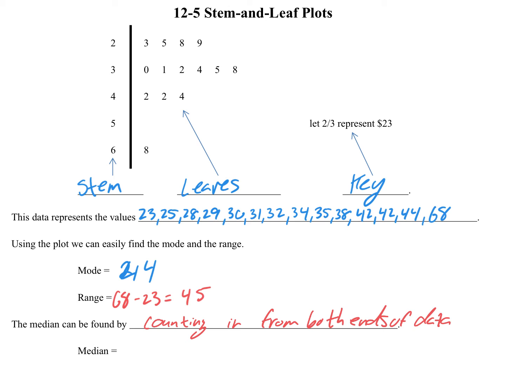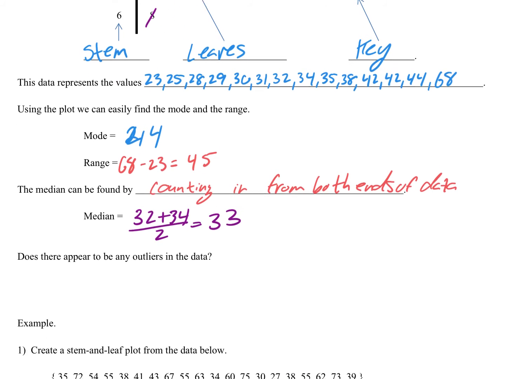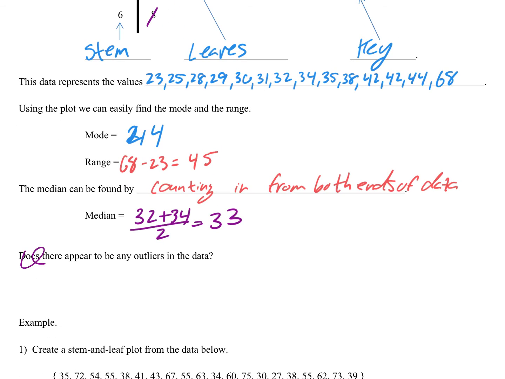Instead of going left to right, we're going to go bottom to top, and we're going to cross off just like we did before. And we find two numbers in the middle, 32 and 34. So we need to take the average of them to get our median, which is going to be 33. All right, and we're not going to be doing this section on outliers.